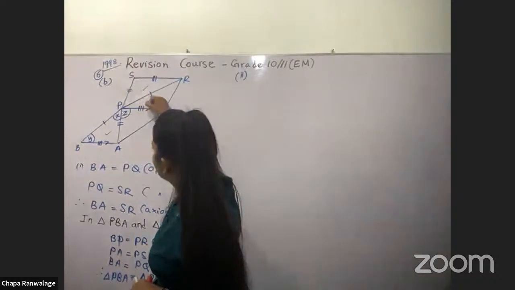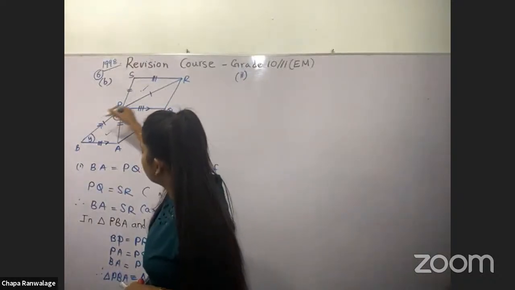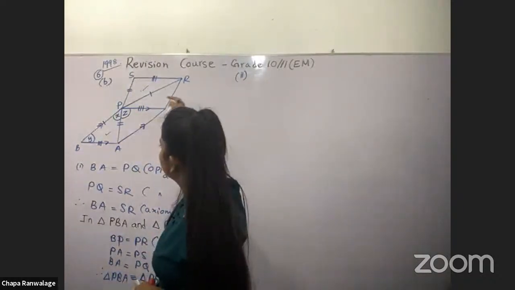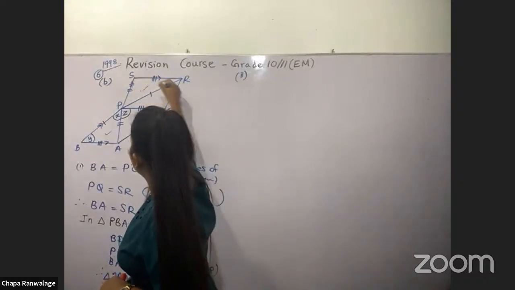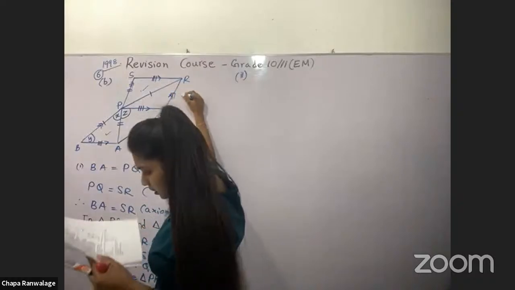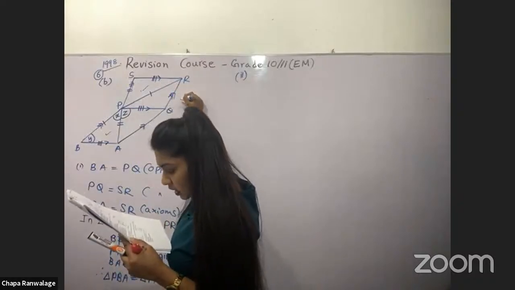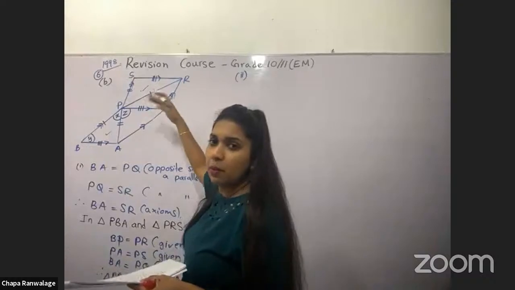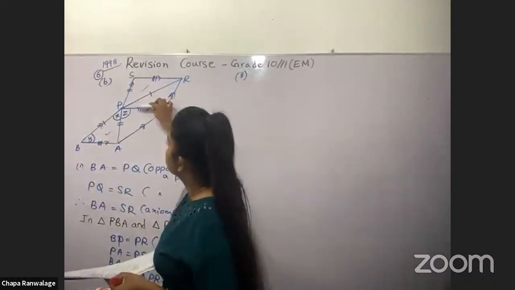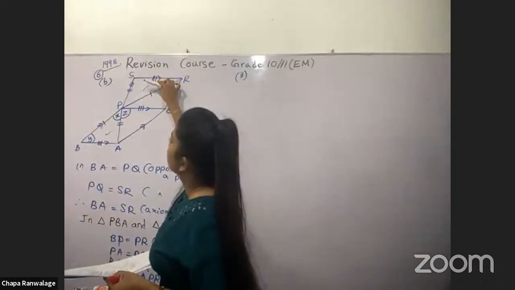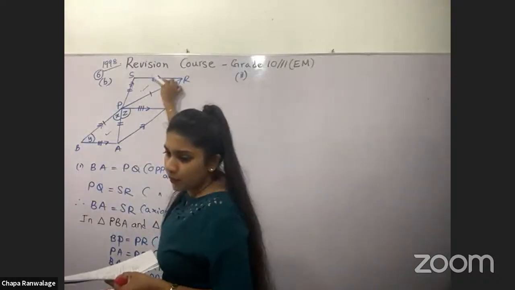This one is parallel to this one. This one is parallel to this one. Correct? So this one is parallel to this one also. They are parallelograms, so you can use the properties of a parallelogram. This side is equal to this side, and this side is also equal to this one. Therefore, these two are also equal.